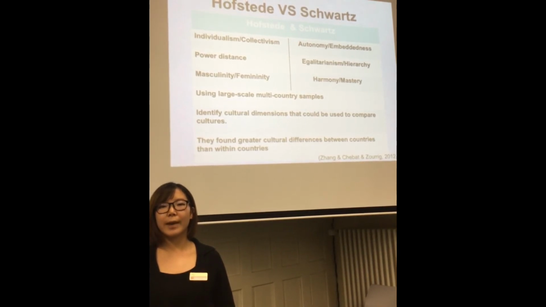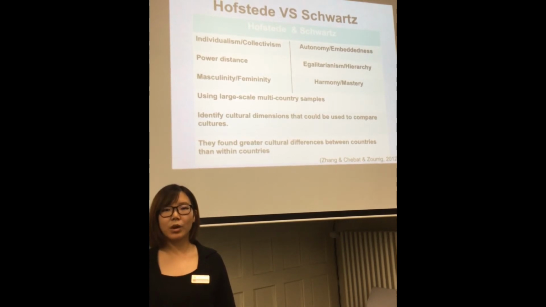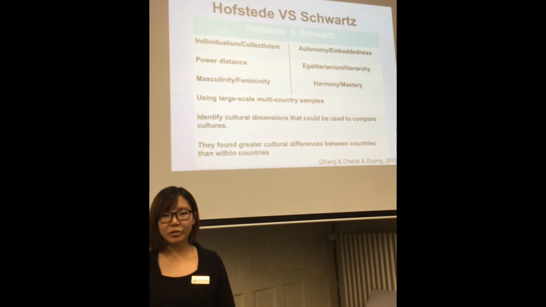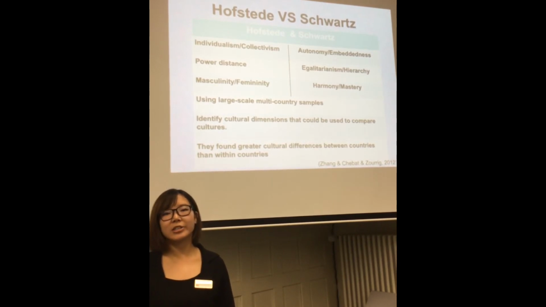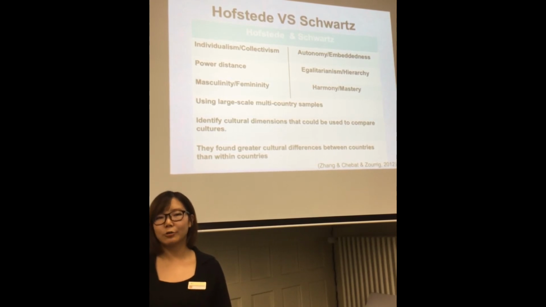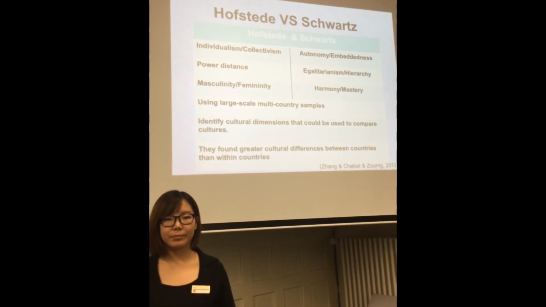Both Hofstede and Schwartz attempt to identify national cultural dimensions that could be used to compare cultures, and they found greater cultural differences between countries than within countries, suggesting the frameworks could be used to compare countries.